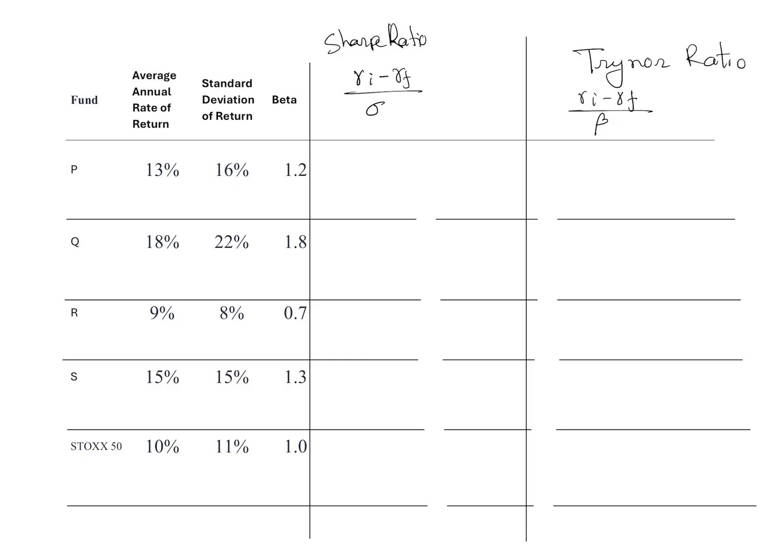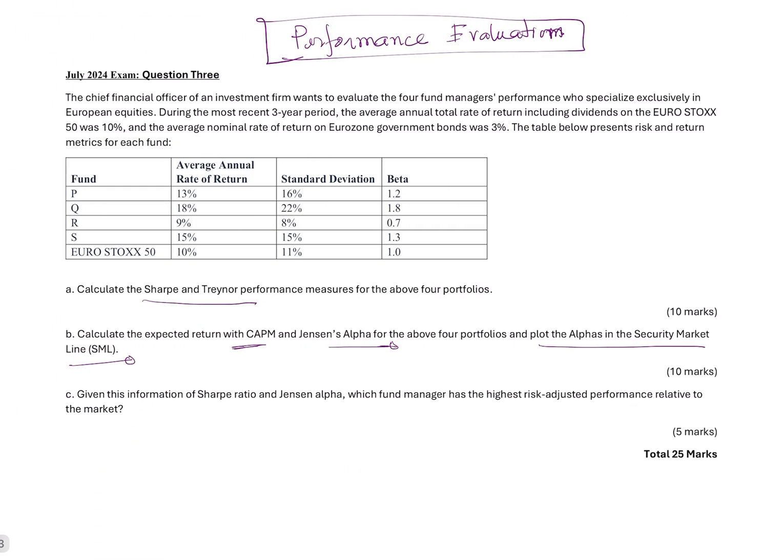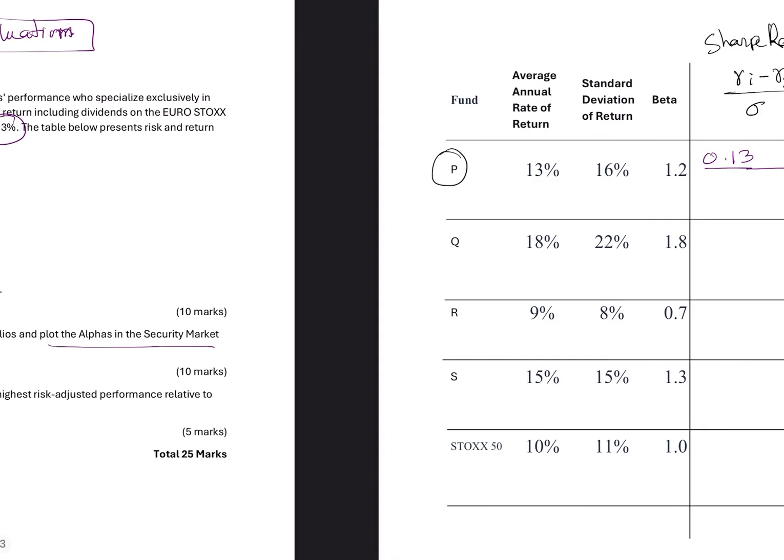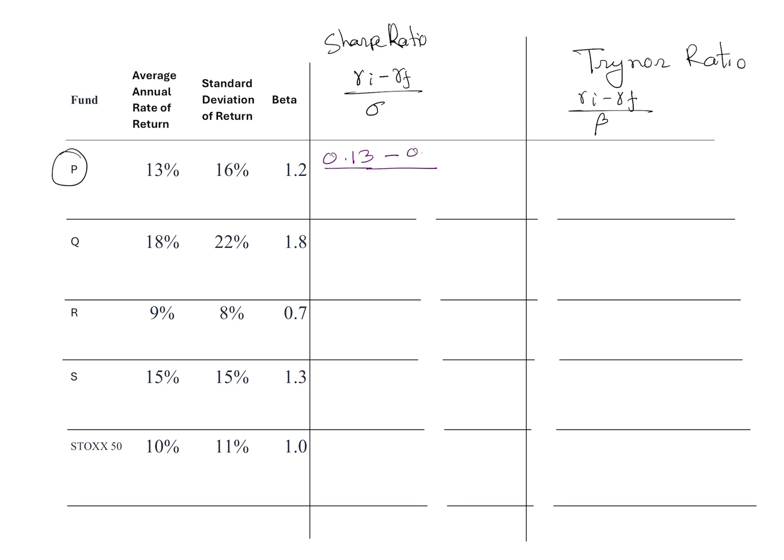So the Sharpe ratio for P: 0.13 minus the risk-free rate, which is given as 3%, so minus 0.03, divided by the standard deviation, which is 16%, 0.16.